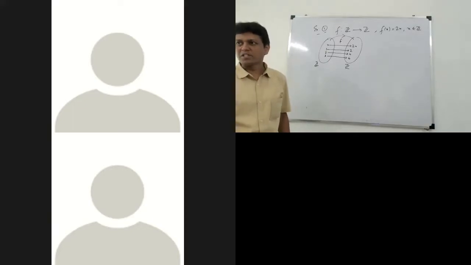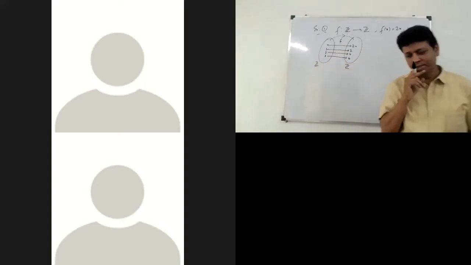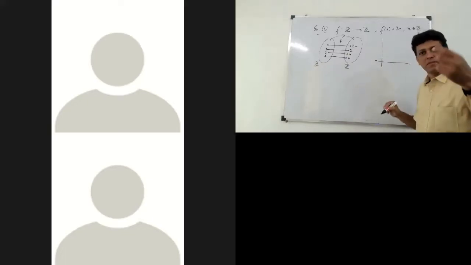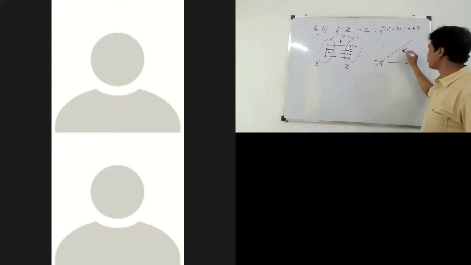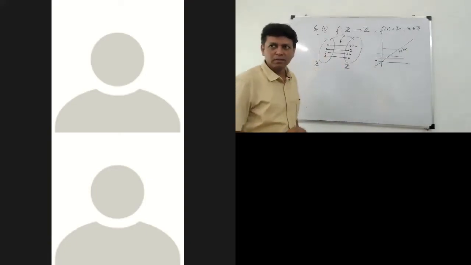Okay. Let me start with 1 to 1. Is it 1 to 1? My question is that. It's 1 to 1 because every. Okay, you can easily draw the diagram. That's the easiest way. It's passing through the origin. It's a straight line, y equal to 2x. And if you draw a horizontal line, it will cut at exactly 1 point. So it is 1 to 1.